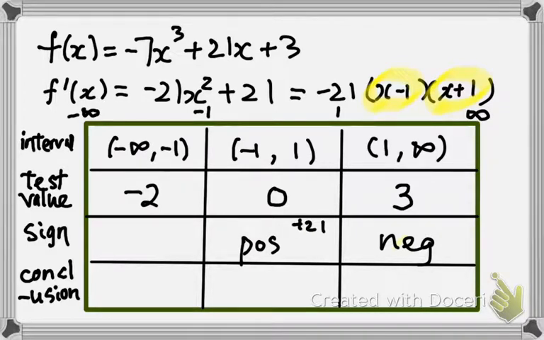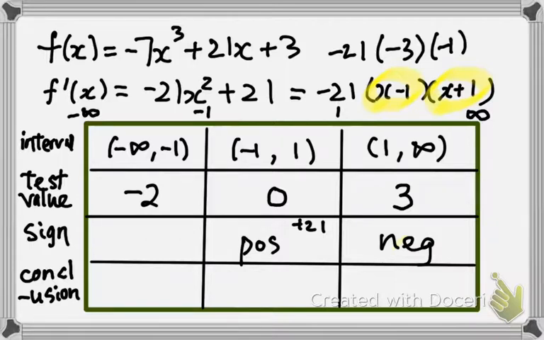If I put a negative 2 inside, what would I get? Again I get a negative 21 here, and negative 2 minus 1 is negative 3. Negative 2 plus 1 is a negative 1. If you multiply all these three together, what do you get?